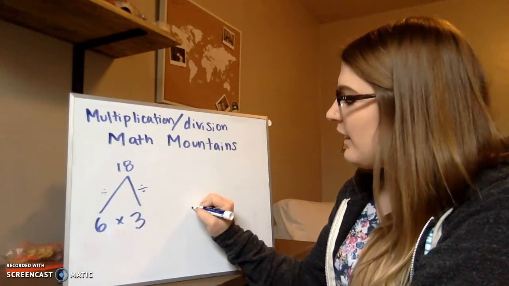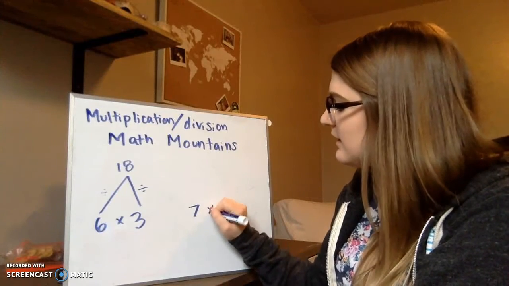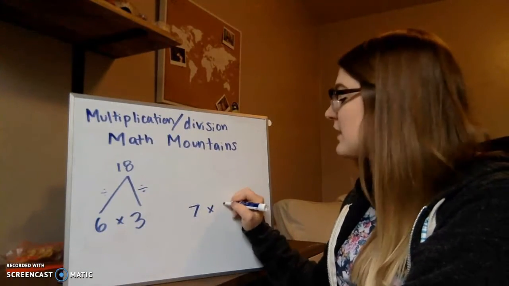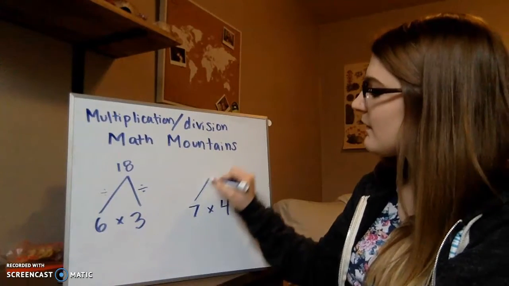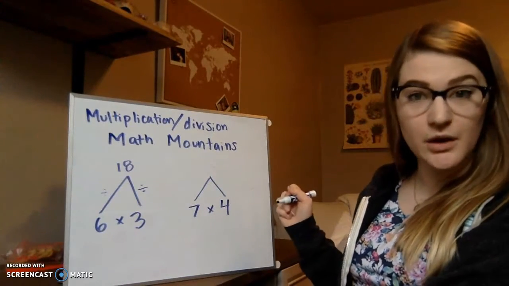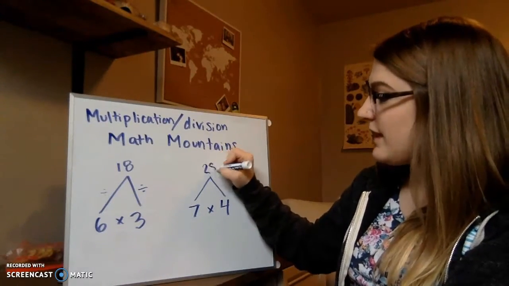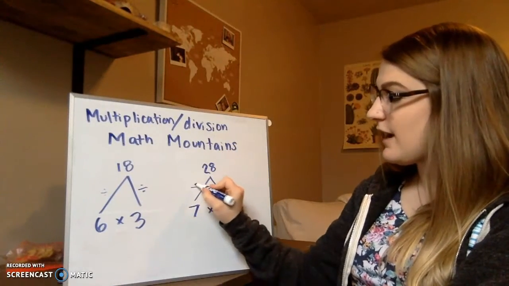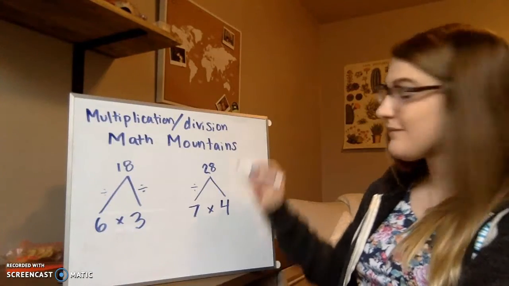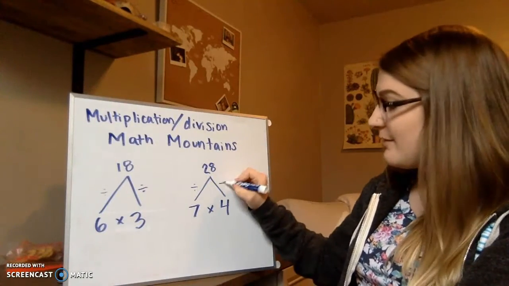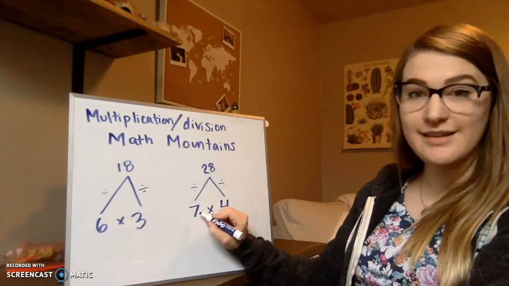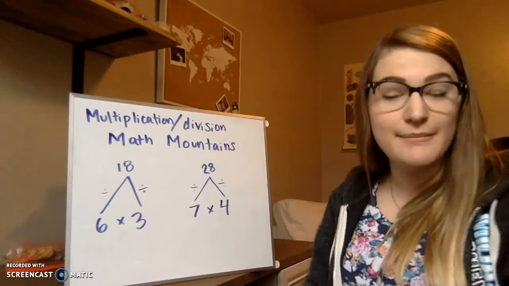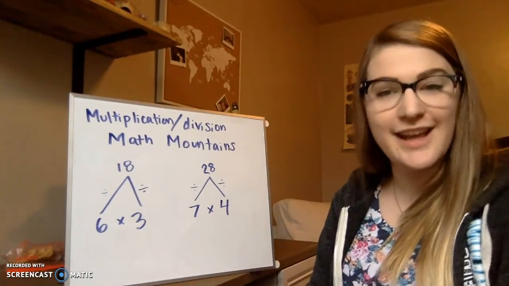So if I know that 7 times 4 is 28, I also know that 28 divided by 7 is 4, and 28 divided by 4 is 7. So those are just a couple examples of how you can use Math Mountains for your multiplication and division facts as well.